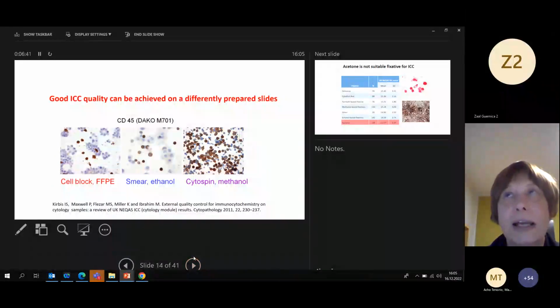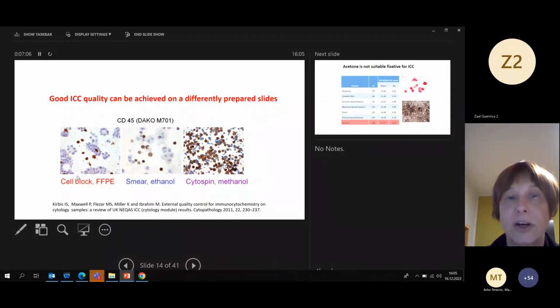So the final conclusion of this can be that good ICC quality can actually be achieved on differently prepared and processed slides. And here you can see CD45 demonstration on a cell block, formalin fixed, paraffin embedded, on a smear fixed in ethanol, and on a cytospin fixed in methanol.